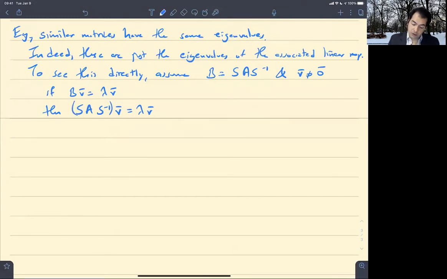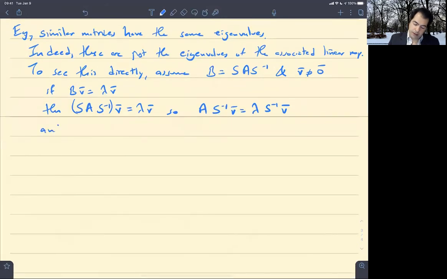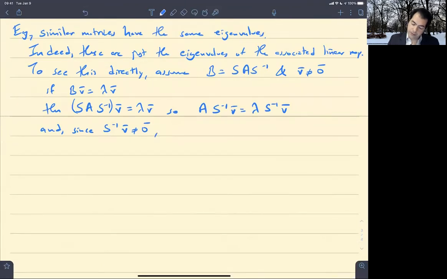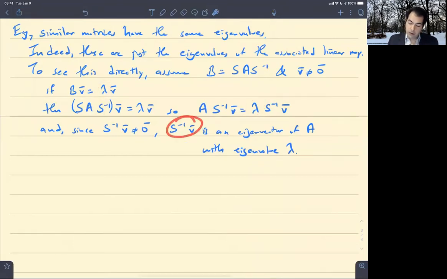If I multiply both sides by S inverse, I get that A S inverse of v is equal to lambda S inverse of v. And since S inverse of v is also not zero, because S is an invertible map, S inverse is not going to take a non-zero vector to 0. This shows S inverse of v is an eigenvector of A with eigenvalue lambda. So notice that the eigenvalue is the same, the eigenvector is different.